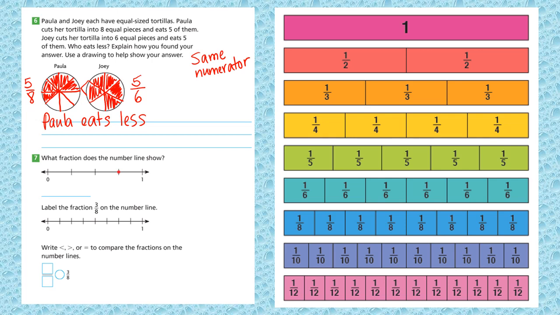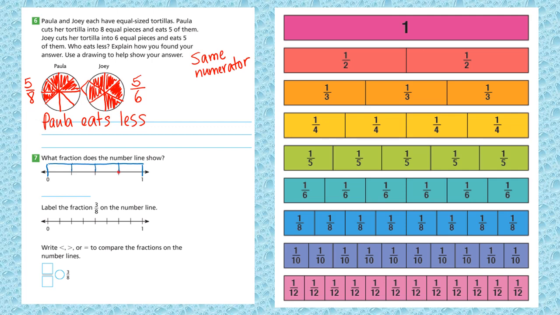Number 7, what fraction does the number line show? Well, boys and girls, if you remember back to when we were labeling number lines, we need to check how many equal parts are in the entire whole. So from 0 to 1, how many parts are there? And some of you like to turn it into a little bar model to help you visualize.